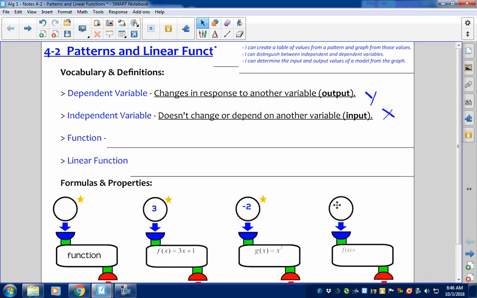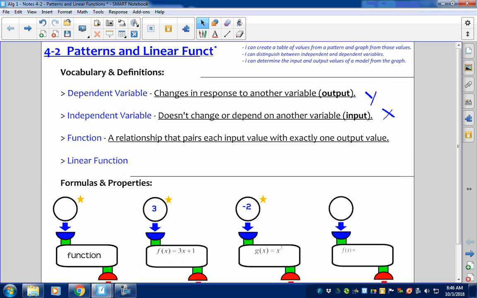A function. From this point forward, we're going to be studying functions in mathematics, a bunch of different functions, primarily in Algebra 1 and Algebra 2. But a function is a relationship that pairs each input value with exactly one output value.